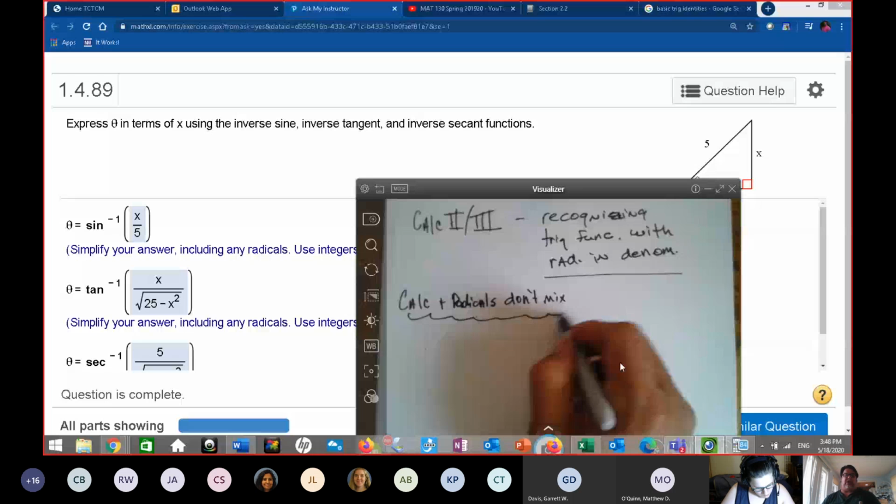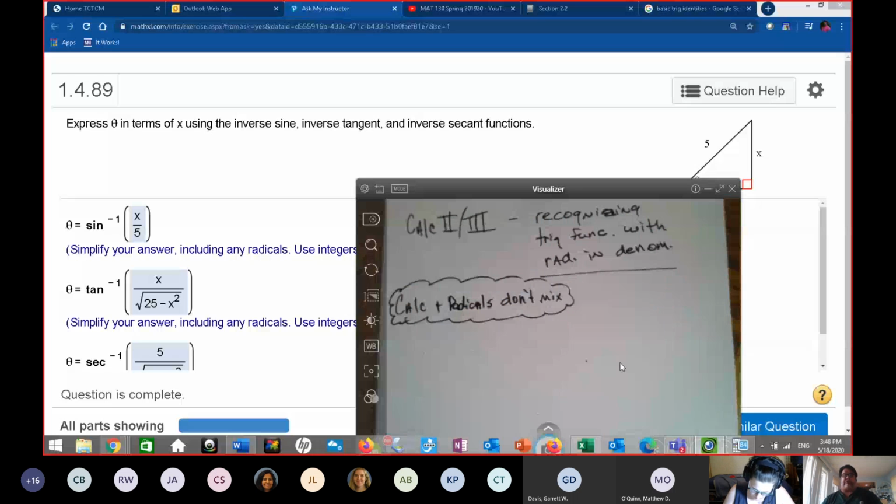That does not include trig functions. If you get a radical in a trig function and it has an x under it, you just leave it alone. Because later on, that's going to tell you it's going to be the derivative or the antiderivative. So in this problem, I'm just going to cover this up.